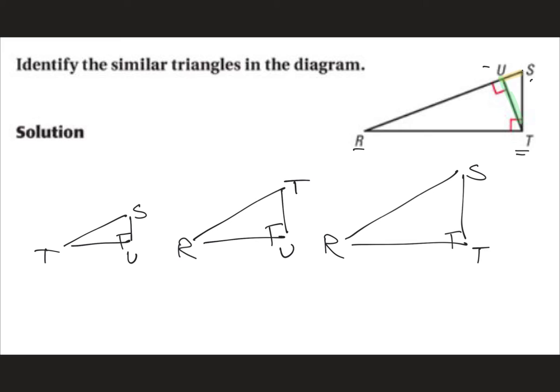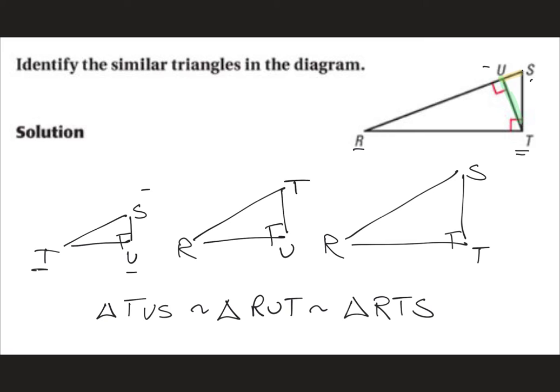Now we can write our similarity statements. In the small triangle, I'm going to start on the left side in these drawings. TUS is similar to, in the medium triangle, RUT, which is similar in the original triangle to triangle RTS.